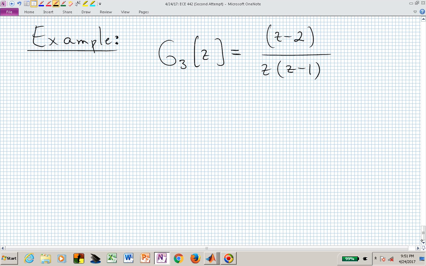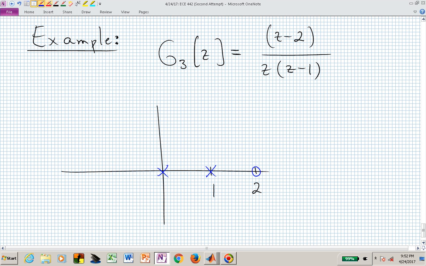Again, a non-minimum phase system that you may be familiar with is a bicycle. It may not have these dynamics, but it does have a 0 outside the unit circle in a discrete time representation of that bicycle's dynamics. Here we now have a 0 at 2. We have a pole at 1 and another pole at 0.